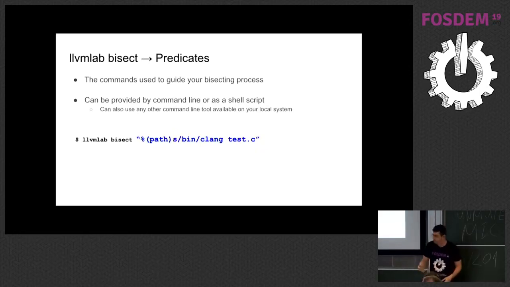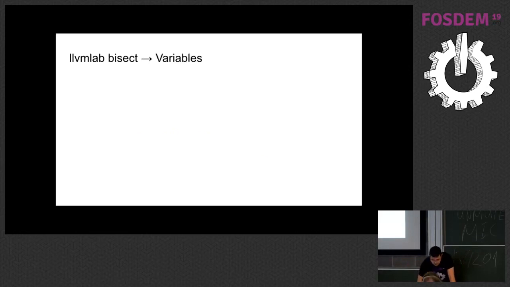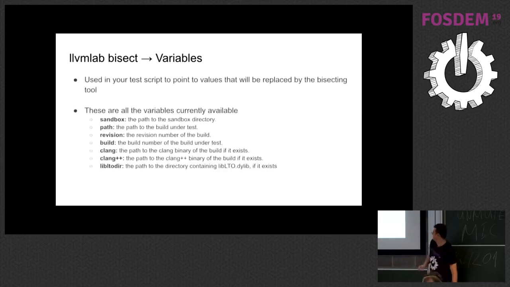It gets replaced by the tool, so you can test many versions. And there is not only the variable path, there are many other variables that you can use to implement your test cases. You can also use all your previous knowledge of shell and pipes and output into files, grepping, and all your previous knowledge can be used to help you.